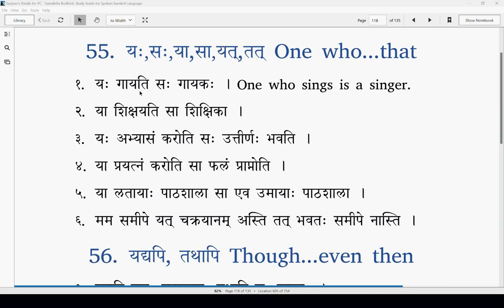We are just saying one who is singing. And in the second part, Saha Gayakaha, here Gayaka is there and Saha is describing that Gayaka, it is Visheshanam. It is a Sarvanama also, but in this case, it is coming as a Visheshanam.